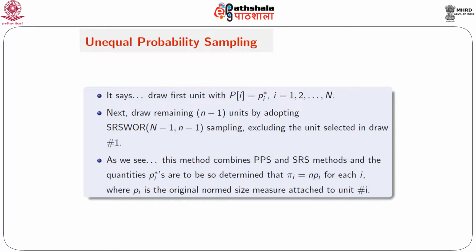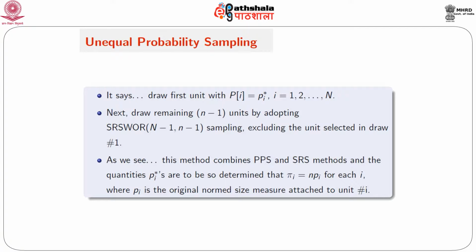More than that, it makes pi i proportional to p i in the population as a whole and leads to not very complicated expressions for the pi ij's. So now we are thinking of modifying the PPS without replacement scheme as such. Think of some modification of PPS, keeping without replacement in mind, keeping general sample size small n in mind, and adding the feature that computation of both pi i and pi ij are very simple.